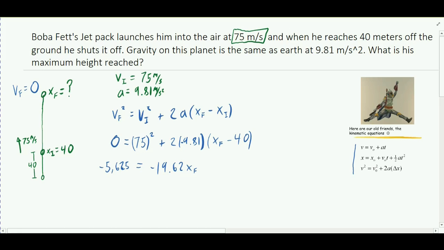So that's why we have a negative here, negative 19.62, and negative times the negative 40 will give us a positive, a plus 784.8. All right, so we subtract the 784.8 over to this side, negative 6409.8.